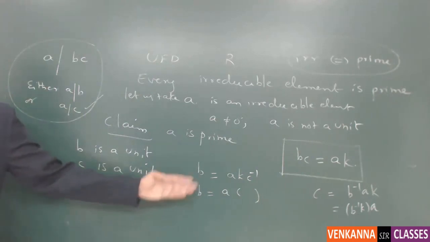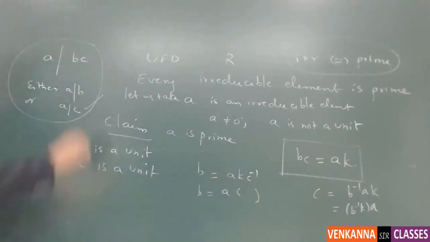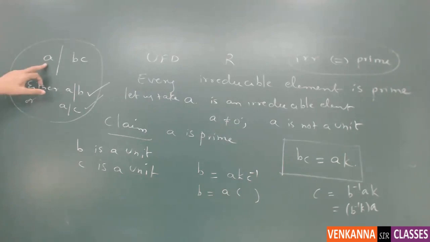So B is a multiple of A. Therefore, A divides B. Now, if A is dividing the product and at least one value in the product is a unit, automatically A is dividing the other element. So A satisfies the criteria of a prime element. Clear the step? Please check it.